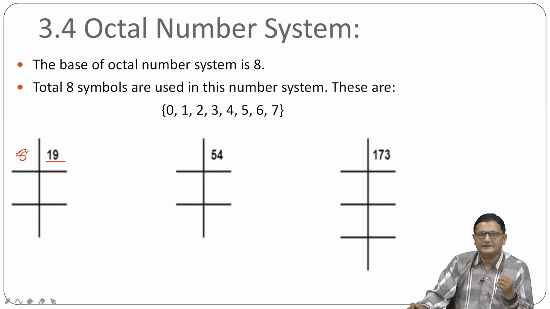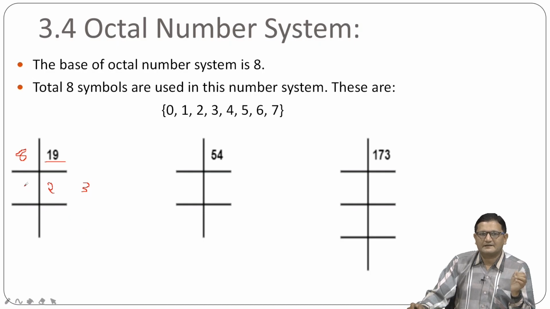We know that 8 twos are 16, so here 2 will be the quotient. 8 threes are obviously 24, but 24 is bigger than 19, so we just consider 8 twos are 16. But the number given is 19, not 16, so what will be the remainder? It will be 3. So you record 3 here.